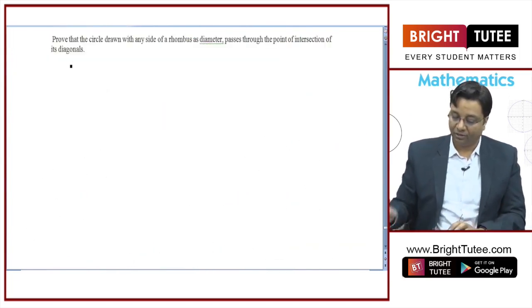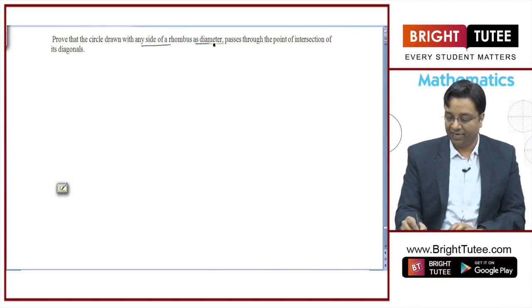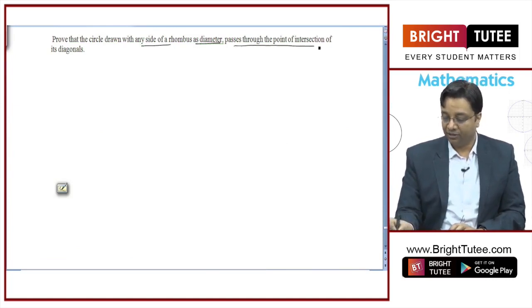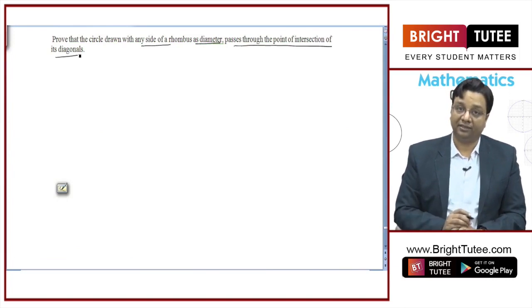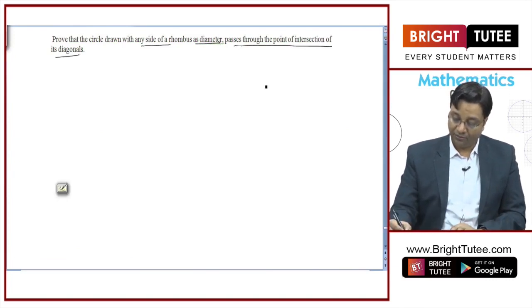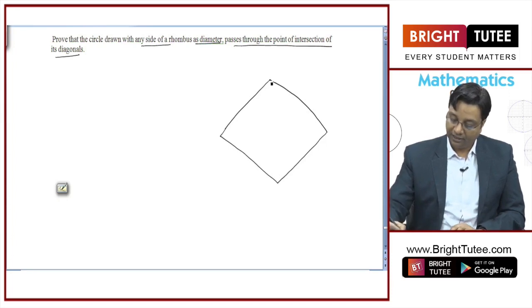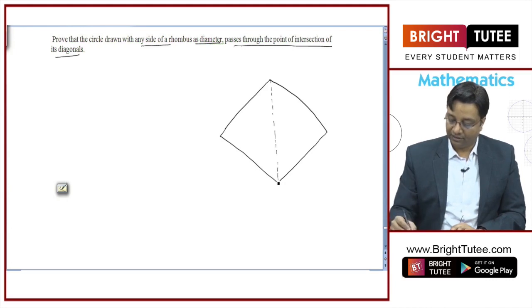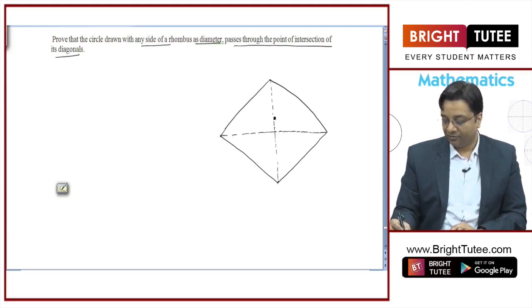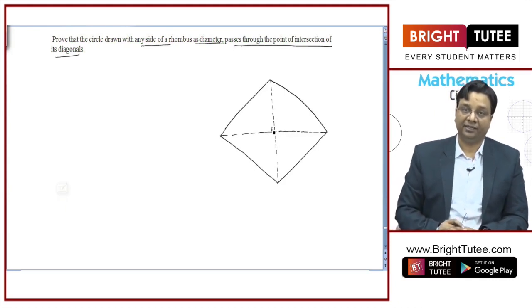Prove that the circle drawn with any side of a rhombus as diameter passes through the point of intersection of its diagonals. So if I take a rhombus and think about its diagonals, the diagonals of a rhombus intersect at 90 degrees.